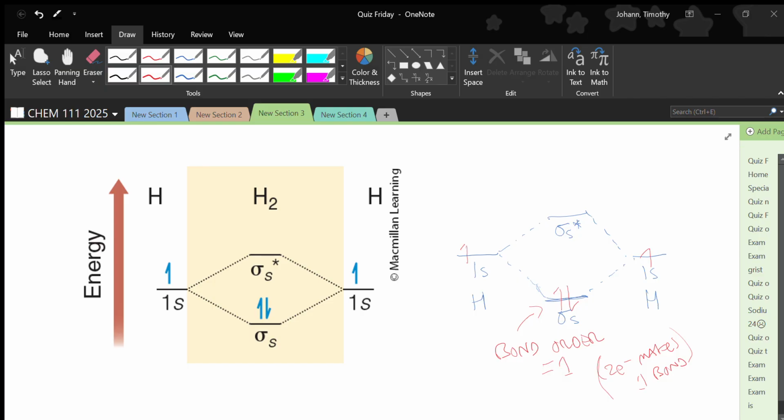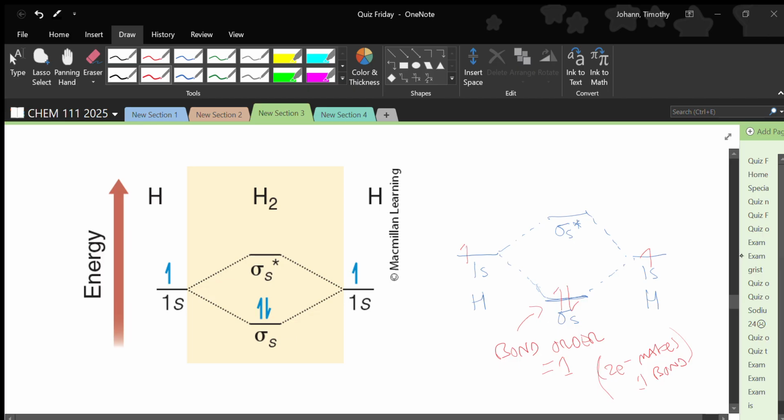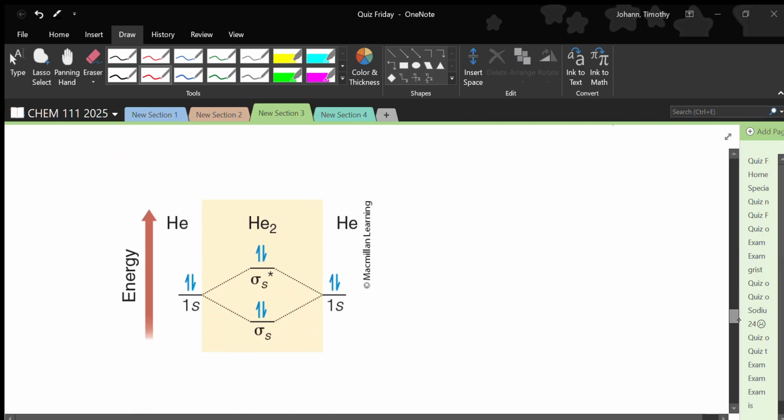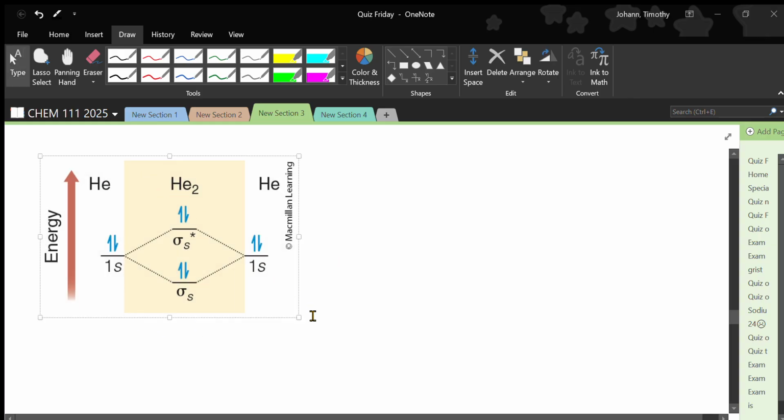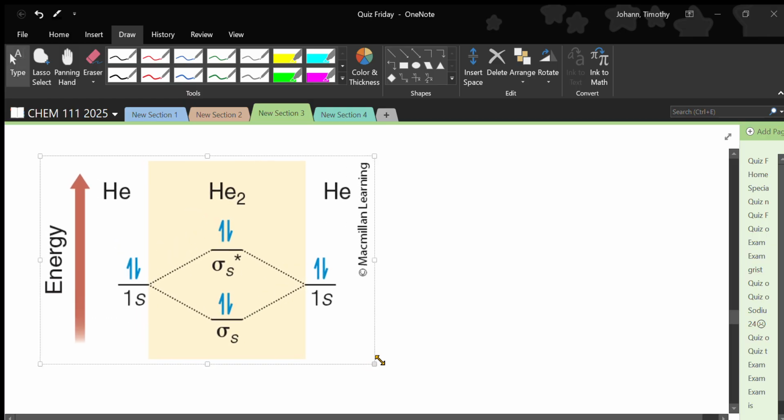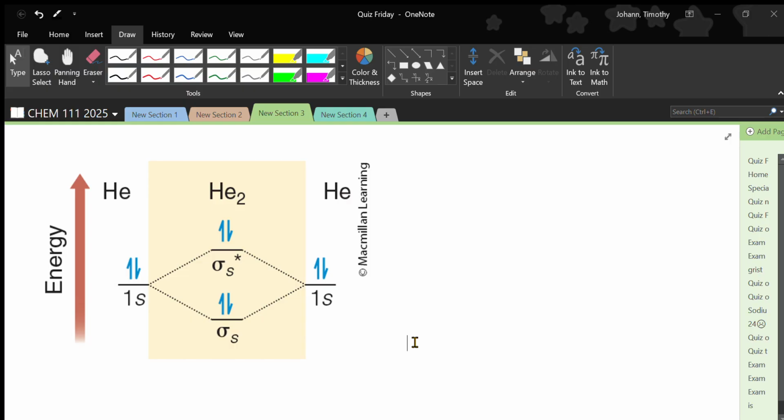Let's do helium. I'm going to just talk through this one rather than redraw it, but we will have an example where we can do some of this stuff. So helium, He2. Do you think He2 exists? Just before we even talk through this.